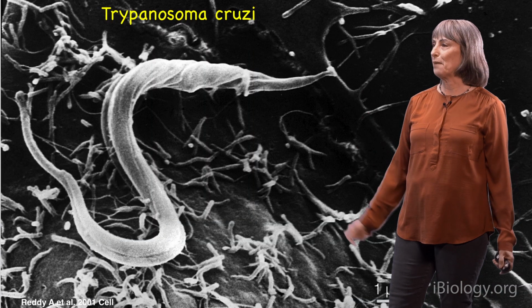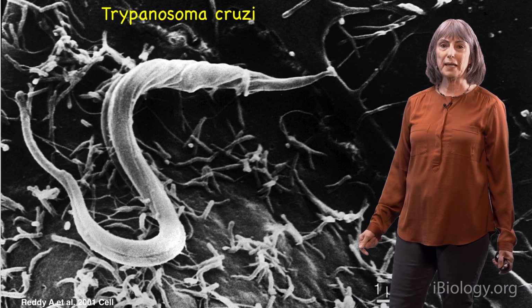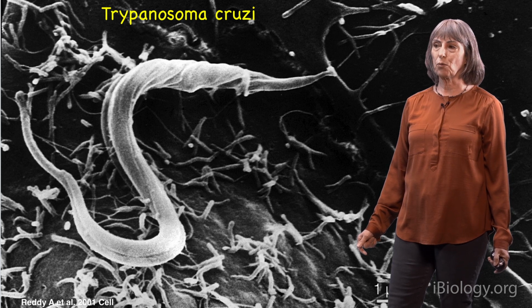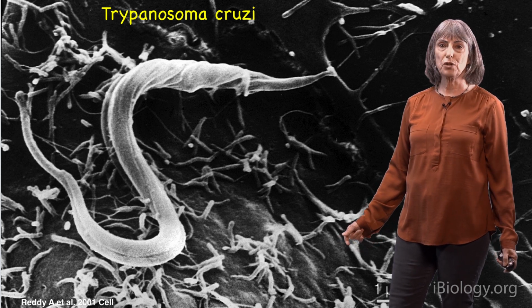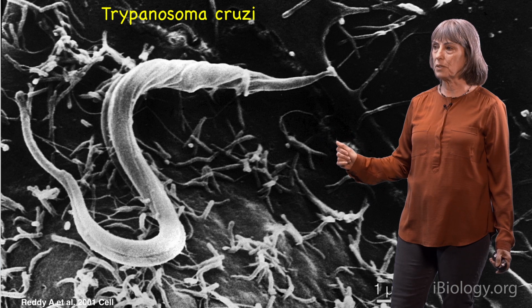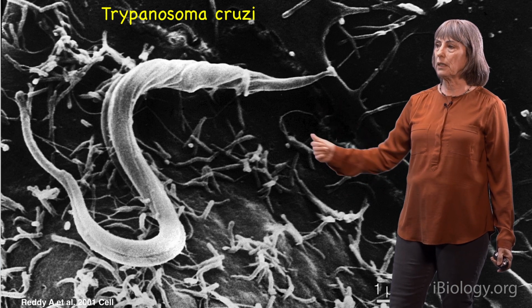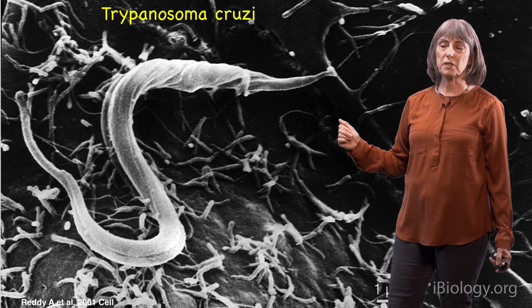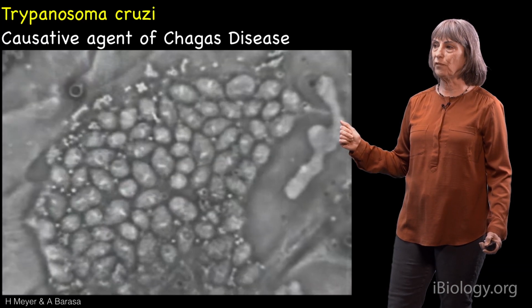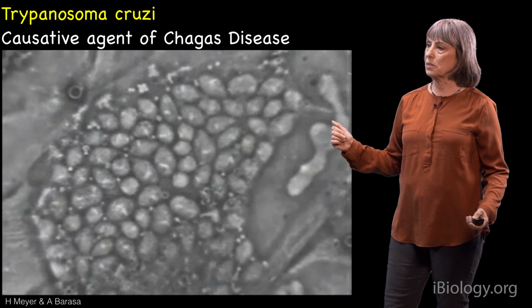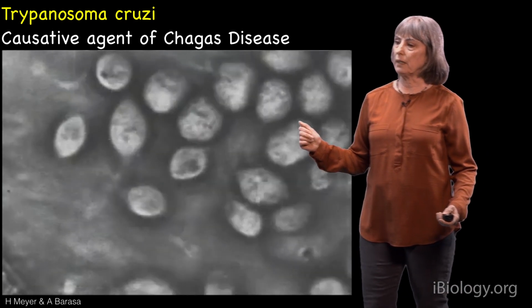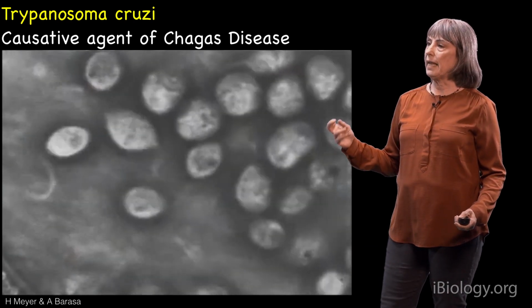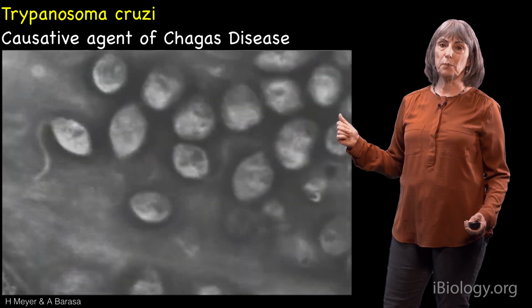So this happened quite unexpectedly in my lab when we were studying something quite different, which was cell invasion by this parasite, Trypanosoma cruzi. So T. cruzi, shown here, this is the infective stage attached to the surface of a host cell, and this is a parasite that invades cells, as you can see in this remarkable movie made by Meyer back in the 40s. And this causes a serious disease in Latin America.